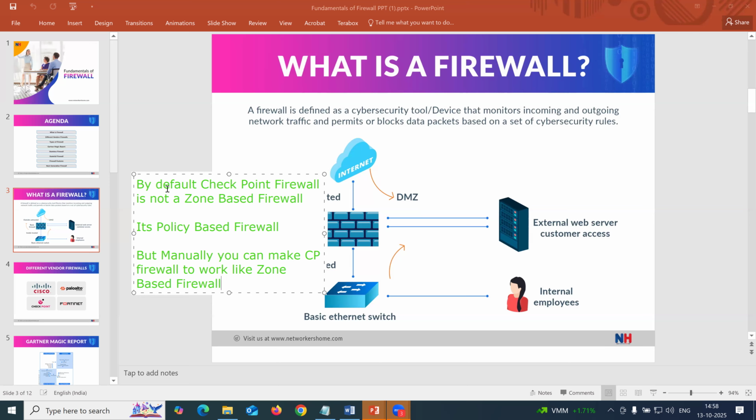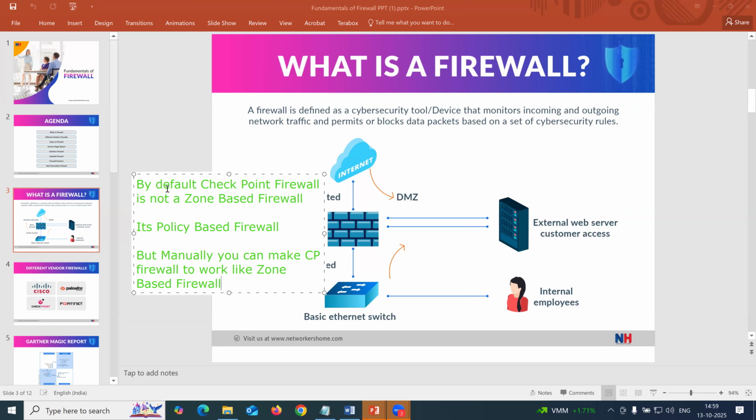ACL is also a policy. You are creating conditions, right? Permit IP with this source host to this destination host. Permit TCP from this source port to this destination port. That is also policy. In other firewalls, we don't call it ACL. ACL is a term used by Cisco. But other vendors, they call it a policy.